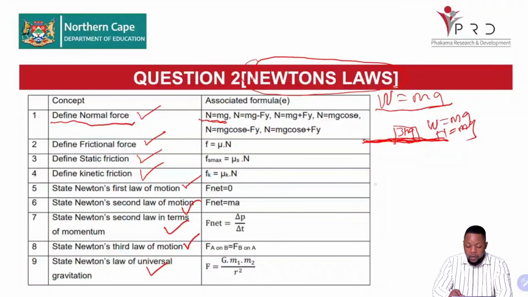But now, we also have another formula here. Normal force is equals to mg minus Fy. So when do we use it? We can have an object on a horizontal surface, that is our 3 kg, but this object, we find that it's being pulled by a force at an angle. So this force that is pulling this object at an angle has two components.